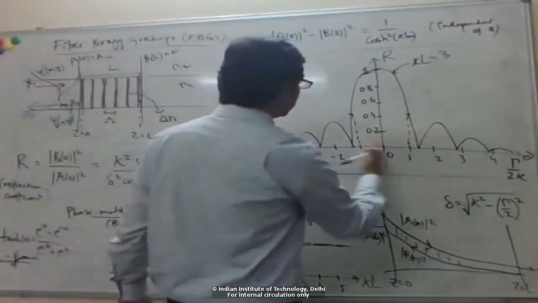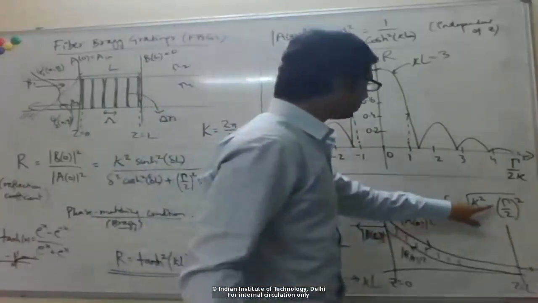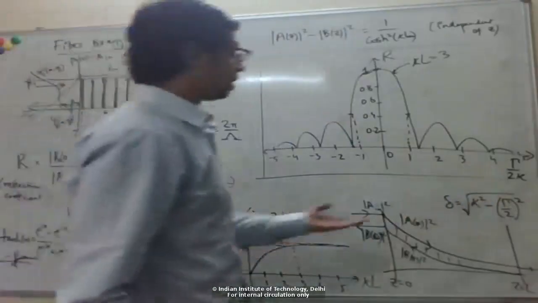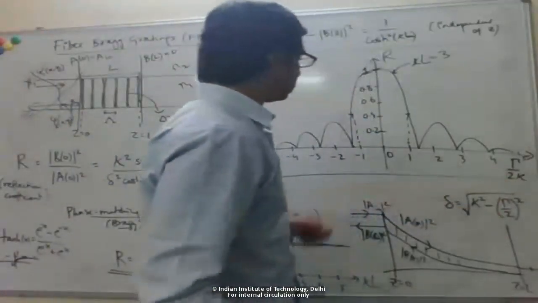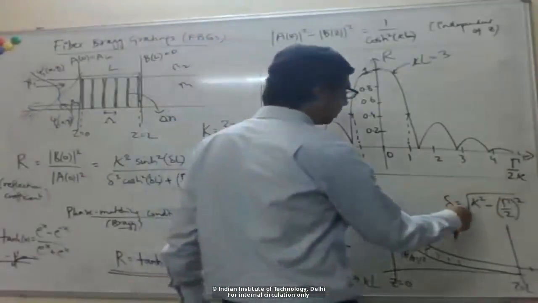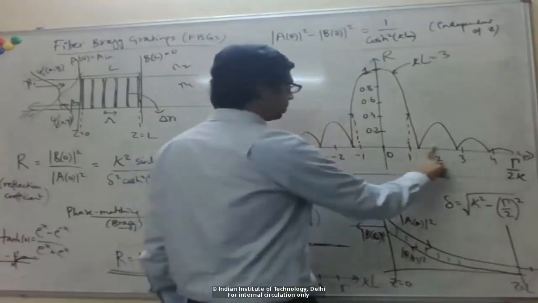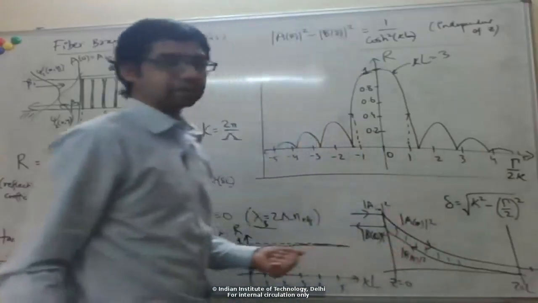Beyond this, once we go beyond plus minus 1, the quantity inside the square root becomes negative, because now gamma by 2 is larger than kappa. So delta becomes imaginary, and the argument of this sine hyperbolic is an imaginary number.